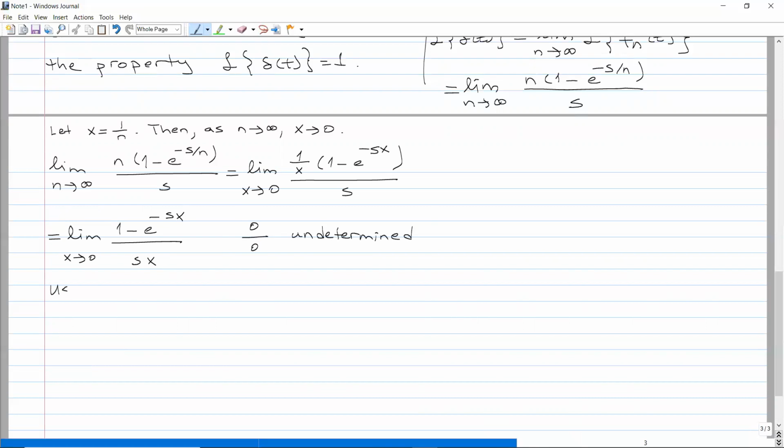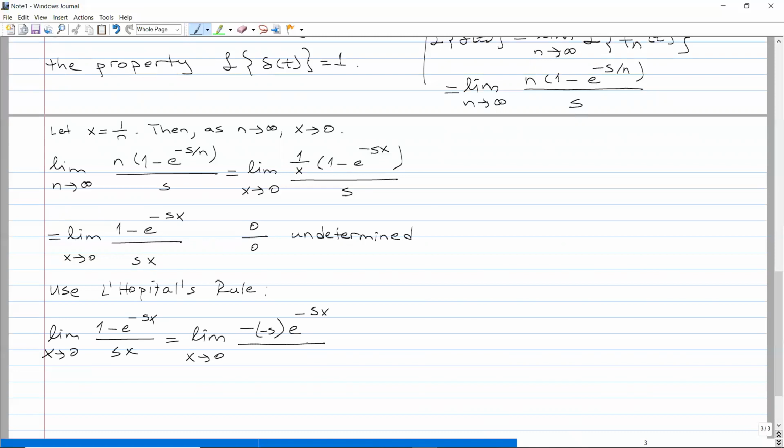So we can use L'Hopital's rule. This limit is equal to, I take the derivative of the numerator: the derivative of 1 is 0, minus the derivative of e to the minus sx, which is e to the minus sx times the derivative of minus sx, which is minus s, divided by the derivative of sx, which is just s.